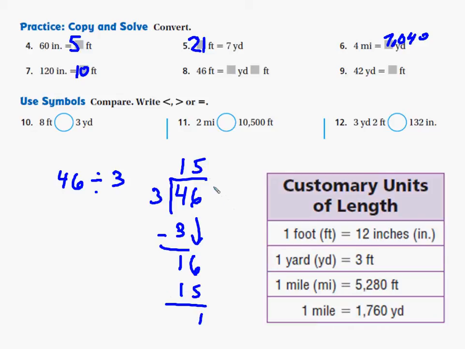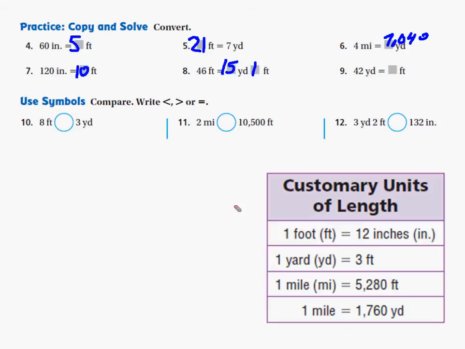And I have a remainder of 1. Well, these are the leftover feet. When I divide feet by how many feet are in a yard, I get 15 yards with 1 leftover foot. So that's what remainder means. It means what's left over.